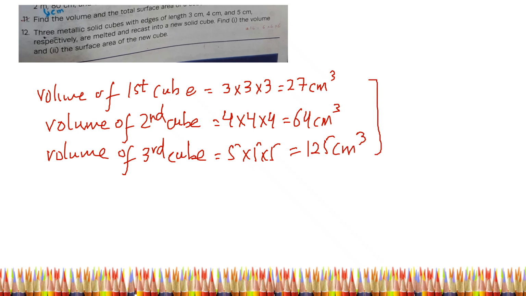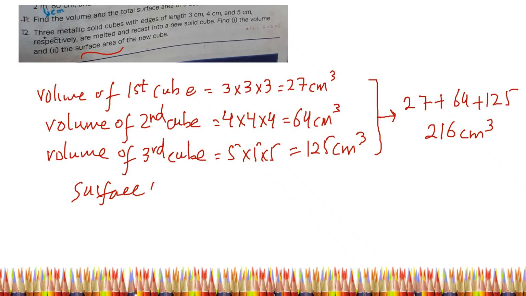And for finding the total volume of these three cubes when melted together, we will sum them, and when you sum 27, 64 and 125, you will get 216 centimeter cube. Now we have to find the surface area, and surface area is equal to 6L square.